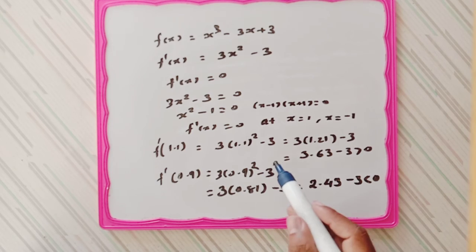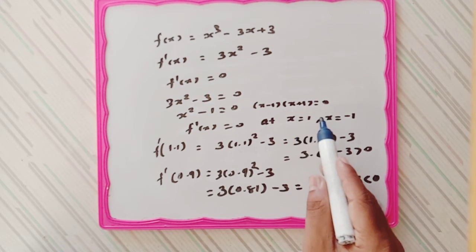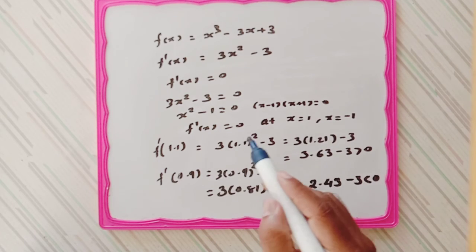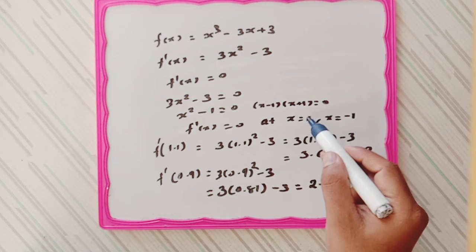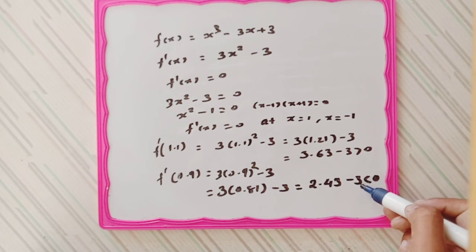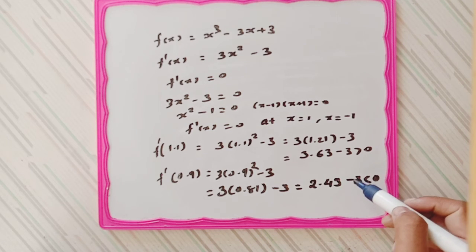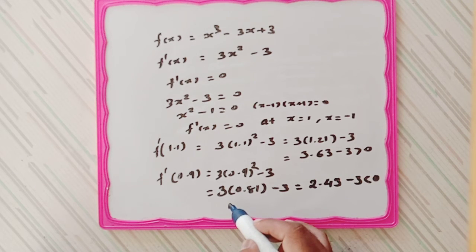And so we can see that on the right-hand side of 1, f dash x is greater than 0, and on the left-hand side of 1, f dash x is less than 0 for very close values. And so x equals 1 has the local maximum value.